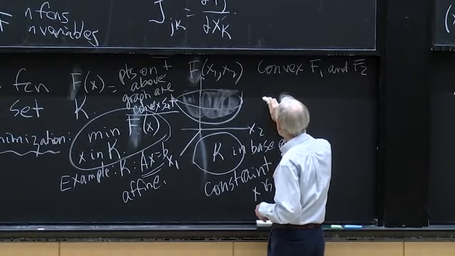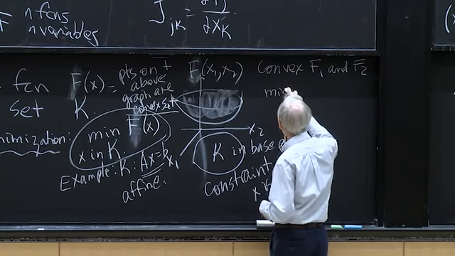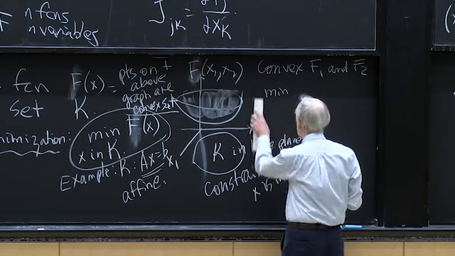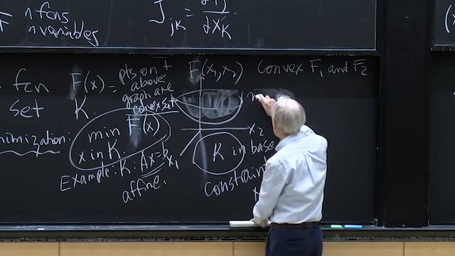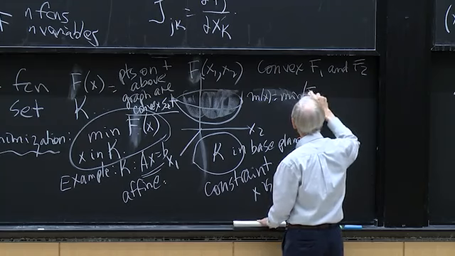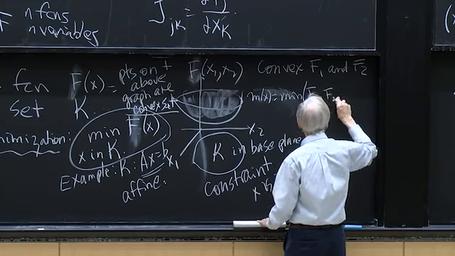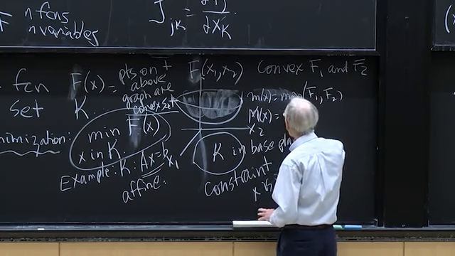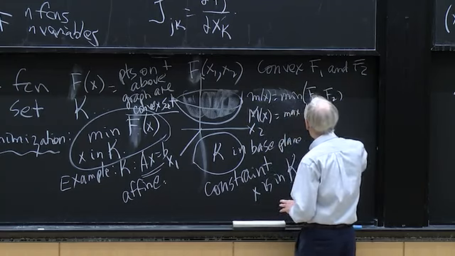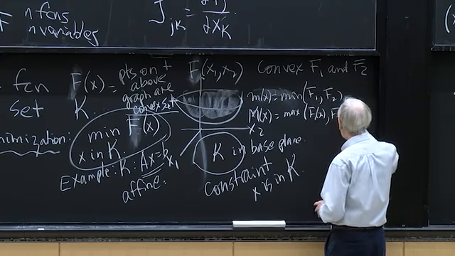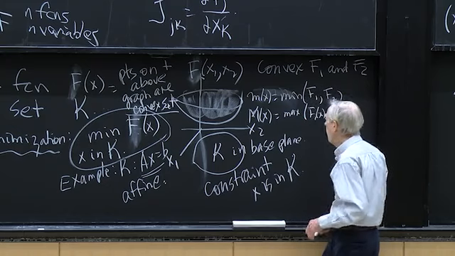Then I could choose the minimum: my new function, little m, where m of x is the minimum of f1 and f2. And I could choose a maximum function, which would be the maximum of f1 of x and f2 of x at the same point x.